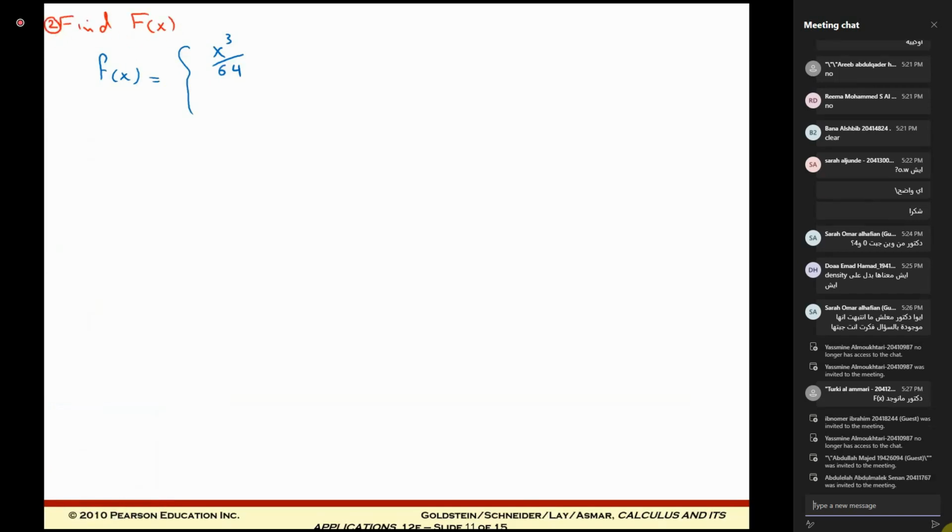We need to find, look at this, f small equal x to the power 3 over 64. This is, if we need to find here, find f capital of x. Okay, number 2 for example.